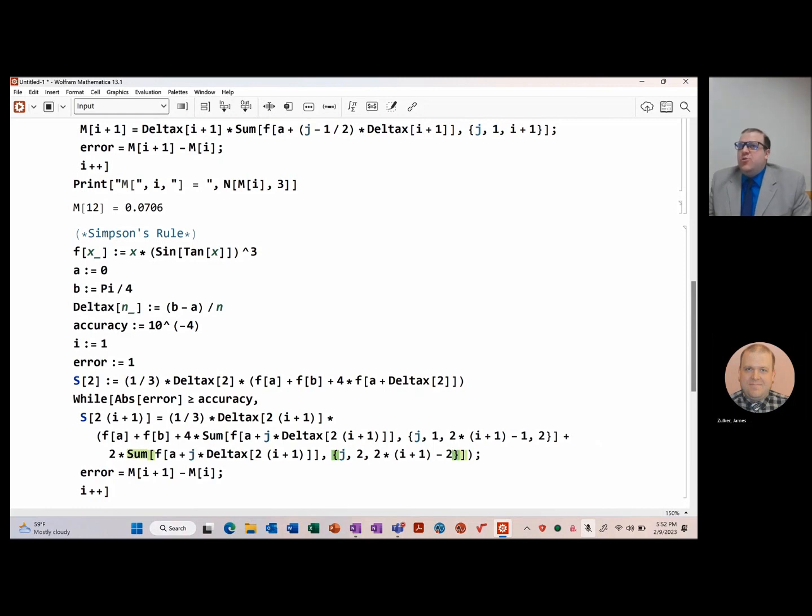It'll run J 2, 3, 4, 5, 6, 7, 8, 9, so on and so forth. So again, we need to tell it that we want J to increase by 2 for each term of the sum. That should be the S's.